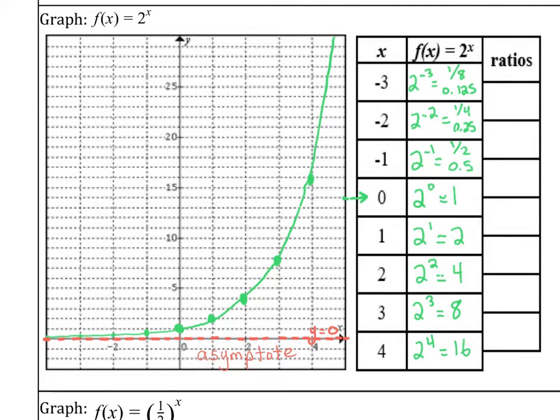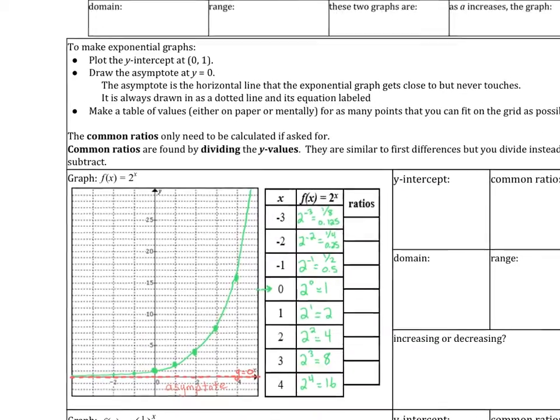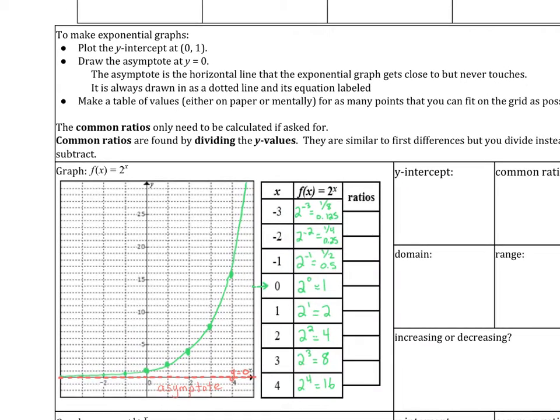So in order to graph these exponential functions, what you would do is you would plot the y-intercept at (0, 1), because when you substitute in 0 for x, anything to the exponent 0 is equal to 1. Your asymptote would be at y equals 0. And you'd have to make a table of values.